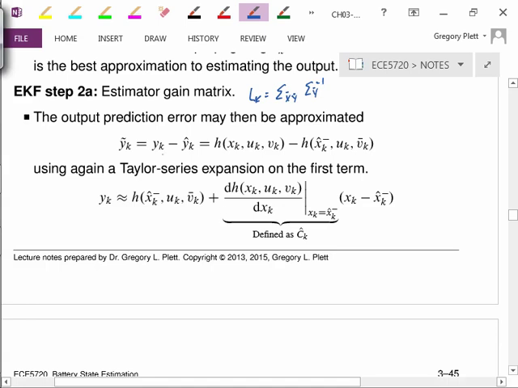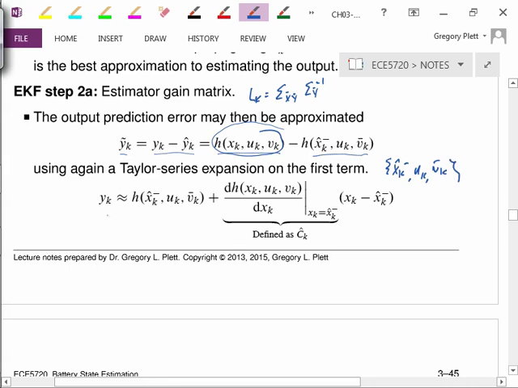And we use a similar approach. So y tilde equals y minus y hat, which is the true output minus the predicted output. And we use a Taylor series expansion on the true output part around the equilibrium point x at k, u k, v bar k.